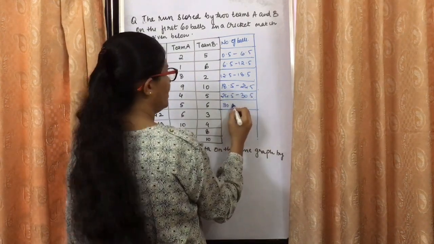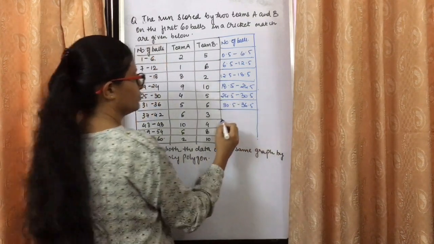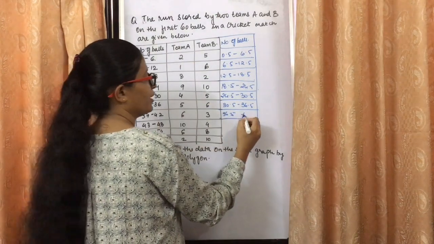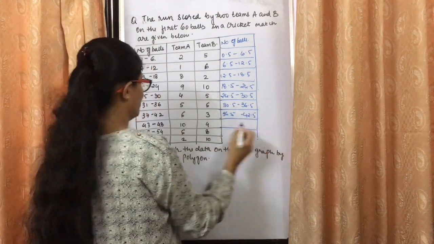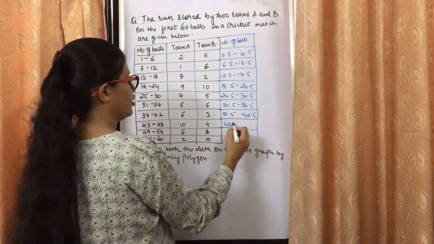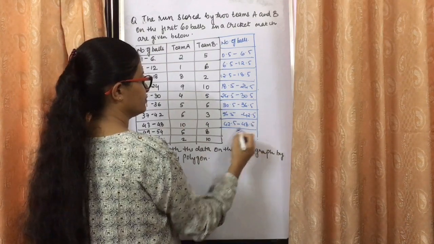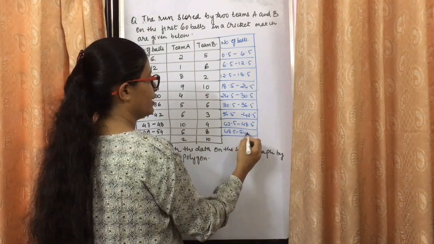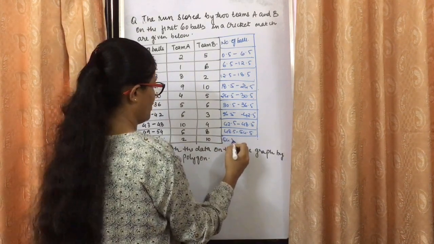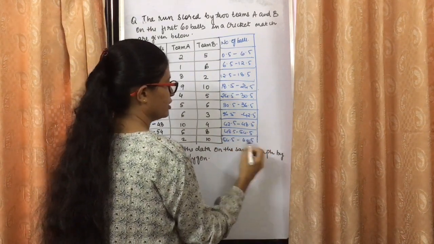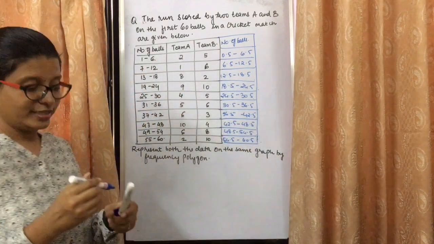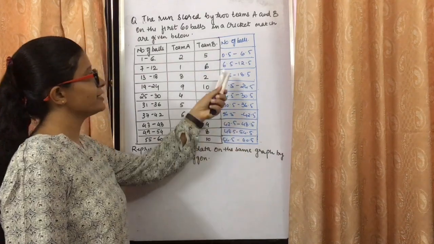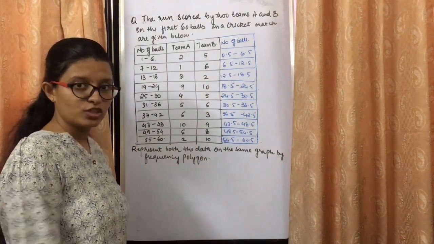Now 30.5 to 36.5 and 36.5 to 42.5, 42.5 to 48.5, 48.5 to 54.5, 54.5 to 60.5. So these are my new class intervals, which are continuous class intervals, and these can be used to draw the histogram.